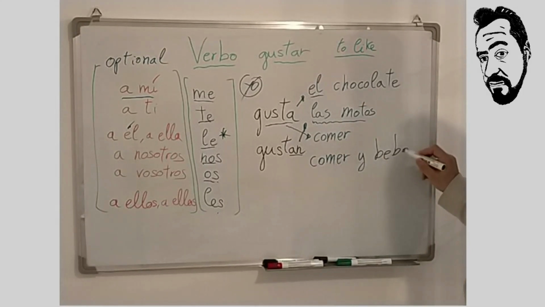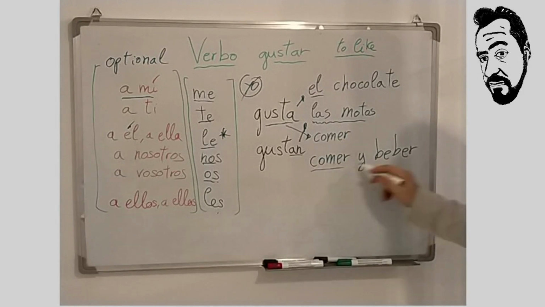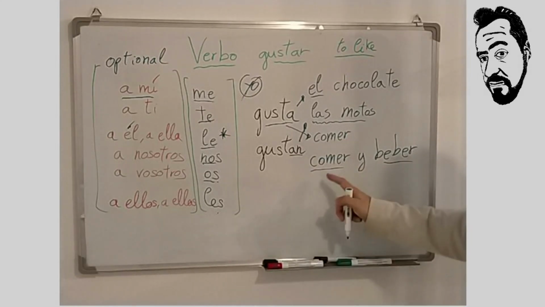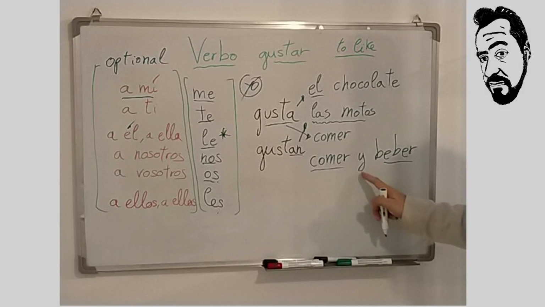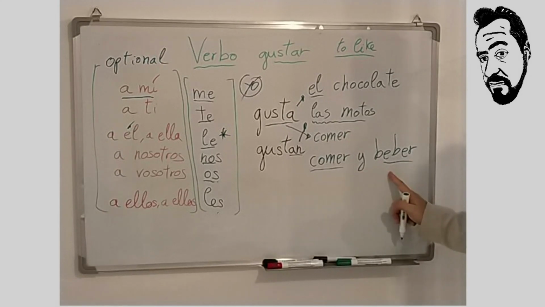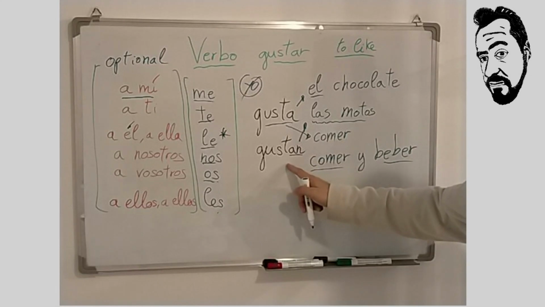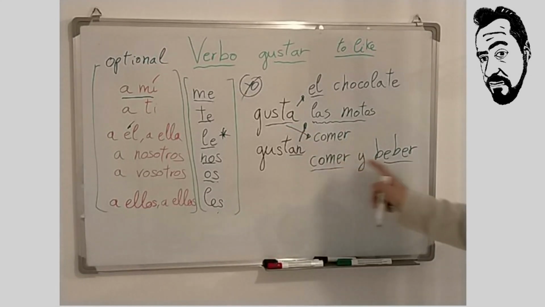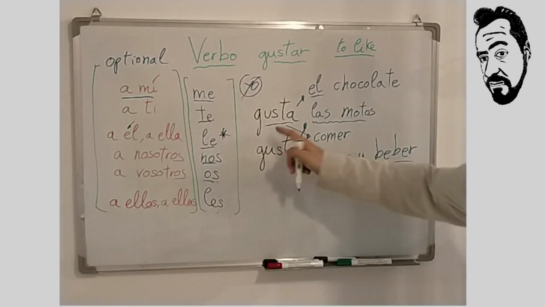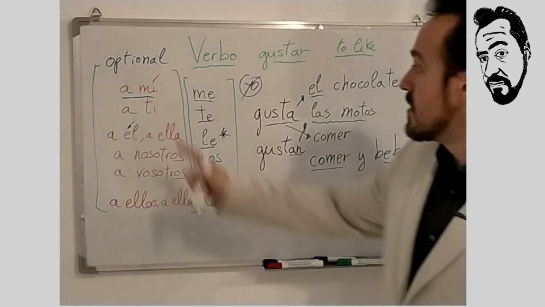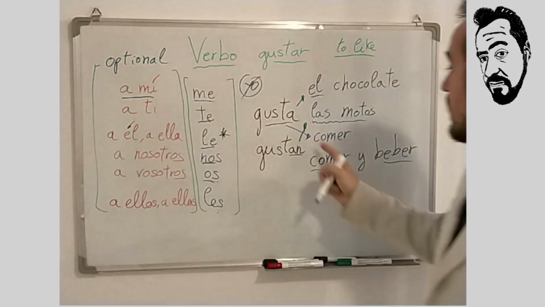We're gonna use now two verbs. Eating and drinking. Now we're going to use this one, right? Wrong. With verbs, we always going to use the singular form of the verb. A mí me gusta comer y beber.